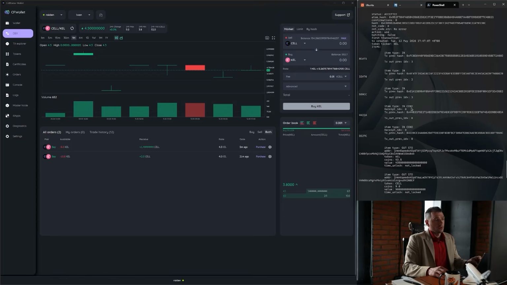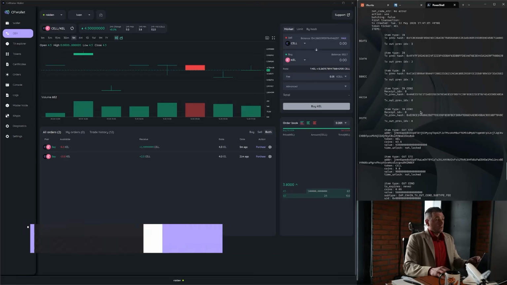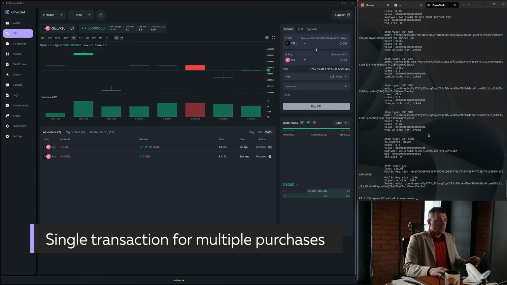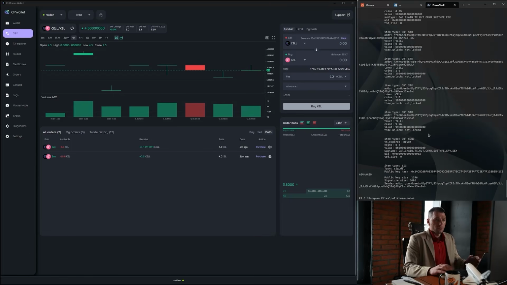Each closed order has its conditional output, and each one was consumed according to its fixed rate. The important part is that this multiple purchase is not a chain of separate transactions. All the outputs are consumed by one single transaction. So one auto purchase can take liquidity from as many suitable orders as needed within their budget and rate limits.